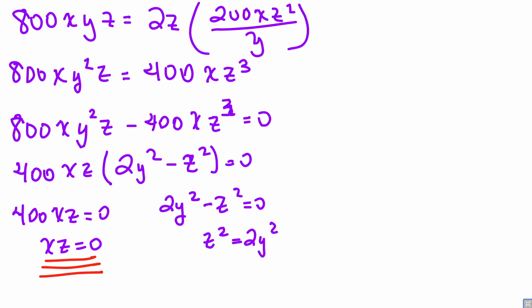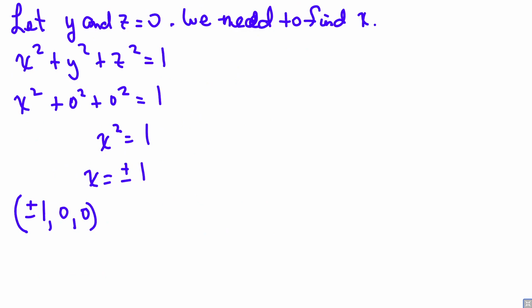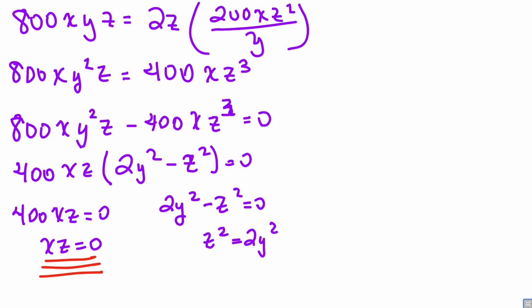So if we take a look at that condition, okay, so now what we're going to do in this scenario, we're going to let x and z be equal to 0.